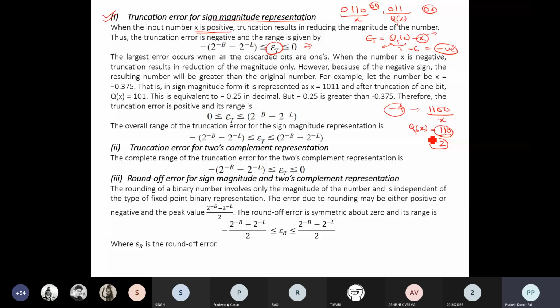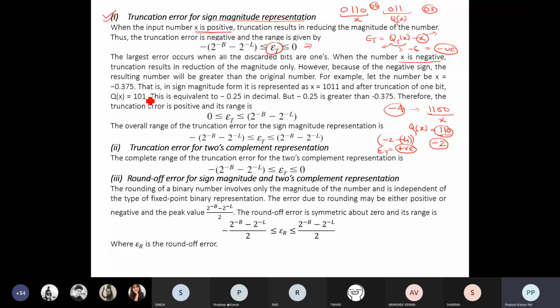If we are going to represent the error, that will be minus 2 minus minus 4. So if we are finding the error, this will be the higher value minus the lower value, which gives a positive value. So this positive value will be your error after truncation. In case the value we have taken is negative, if x is negative, then the error comes out to be a positive value.